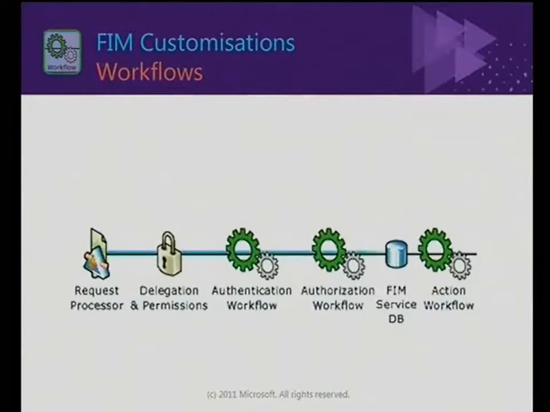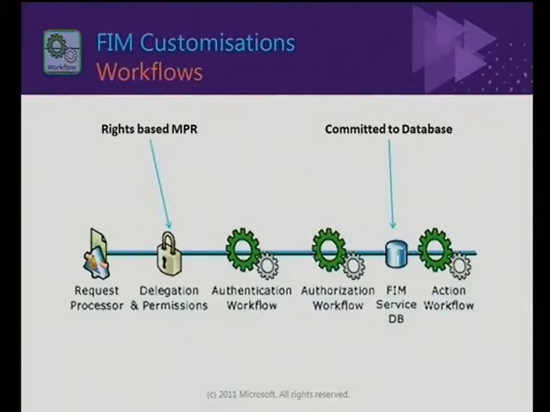Another good thing to note is that your authorization and authentication workflow activities are actually done before the object is committed to the database, or in our case, created in the portal. After that, it runs the action workflow. So you wouldn't create an authorization for creating accounts as an action workflow activity, because at that point it's already been created, so you can't stop it from being created.